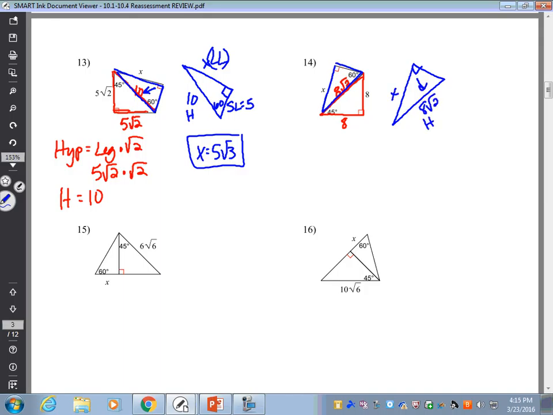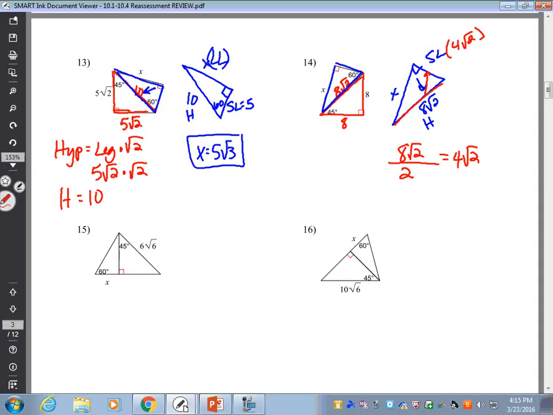We're trying to get to the X again, but in order to do that, I have to get to the short leg first. So I need to go basically from the hypotenuse to a short leg, a big part to a smaller part. So we're going to take that 8 square root of 2 and divide it by 2. And we simplify that to 4 square root of 2. So the short leg is 4 square root of 2.